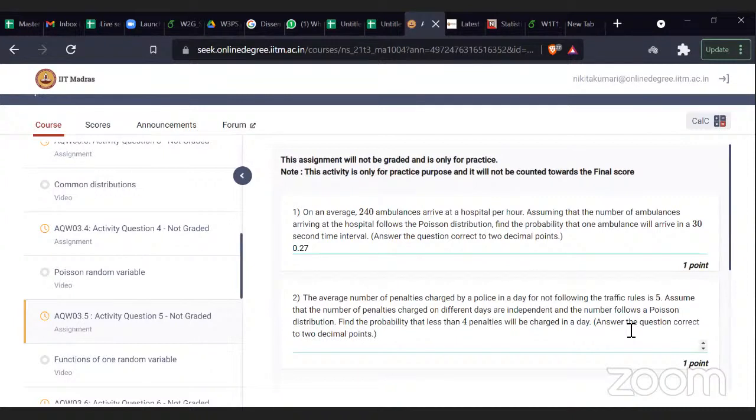If you take the rate as 1 hour, lambda is 240. But you have to find the probability for a 30-second interval. So in 30 seconds, on an average, how many ambulances will arrive?